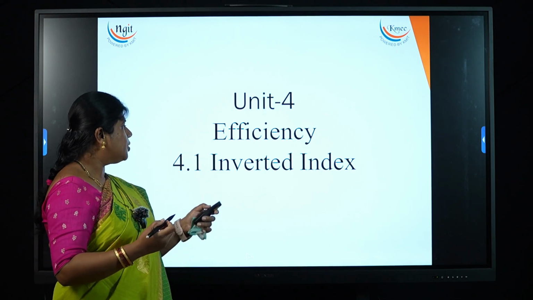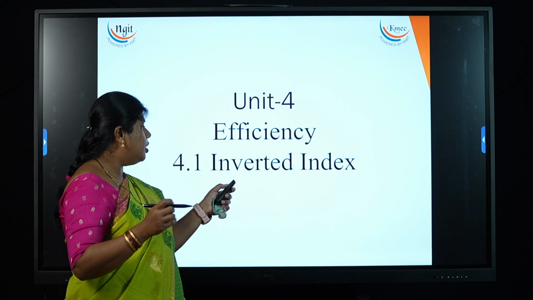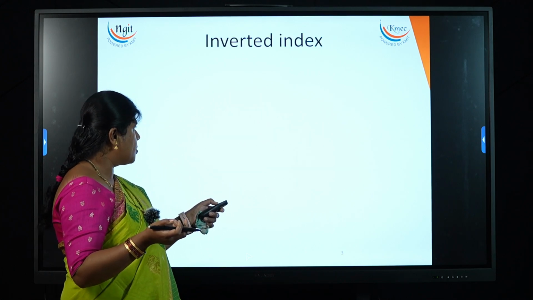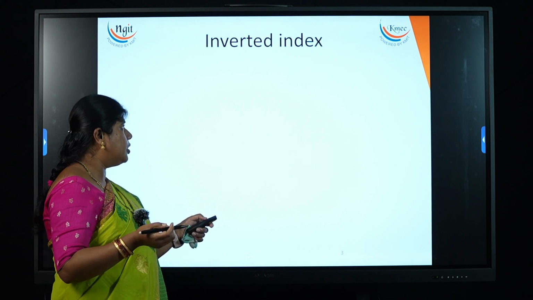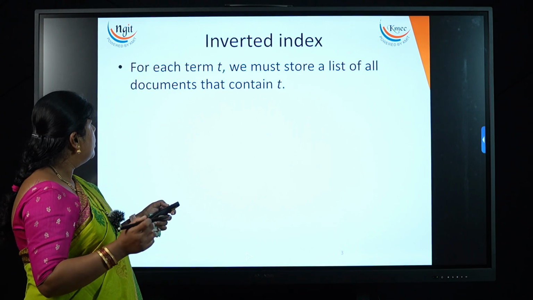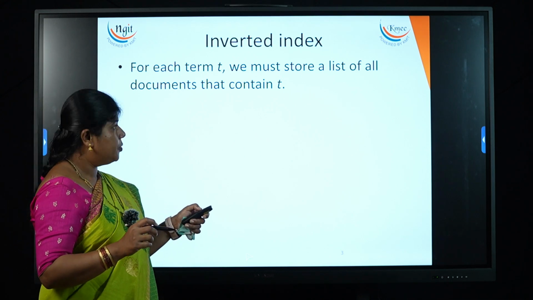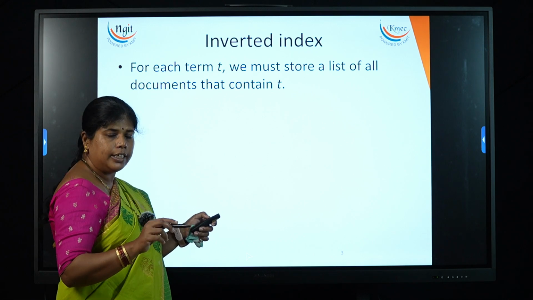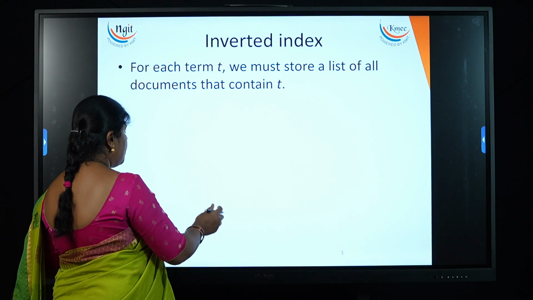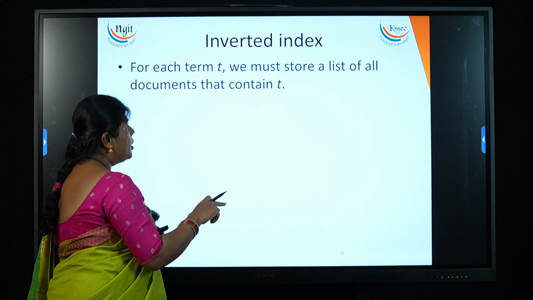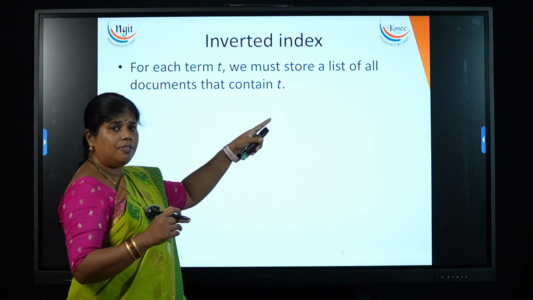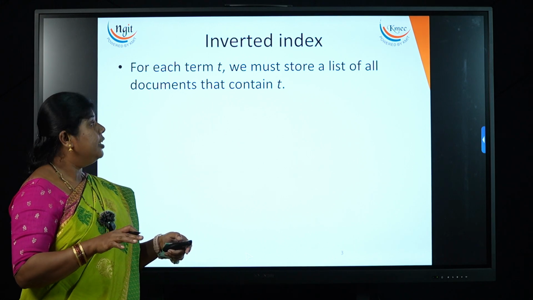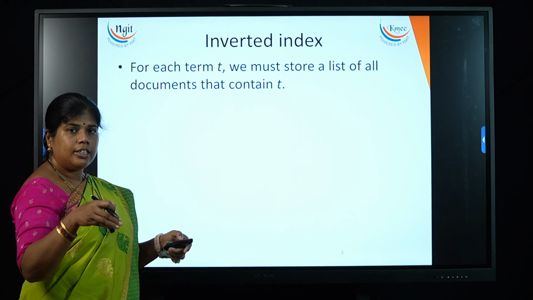Okay, so in Unit 4 we are starting with the indexing structure that is known as an inverted index. Now what is there in an inverted index? For each term T, we must store a list of all the documents that are containing T. Means there will be a particular term T and there will be any number of documents which are containing that term T. Then I want to store the list of it.